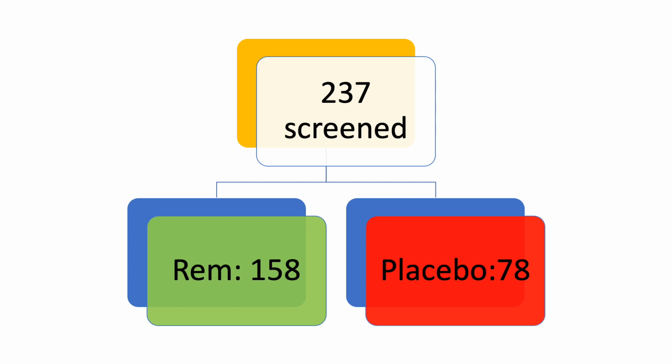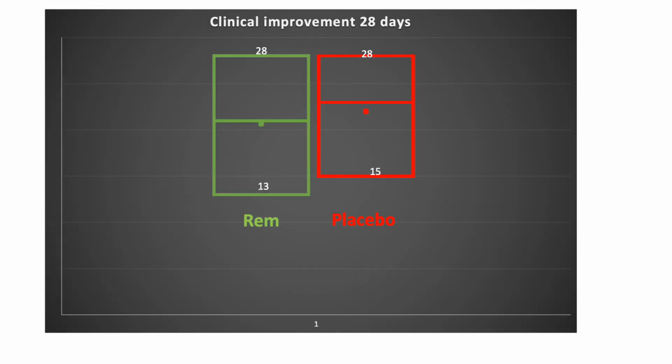What did they find? The primary endpoint was clinical improvement in 28 days. Clinical improvement was predefined and was based on an ordinal scale.